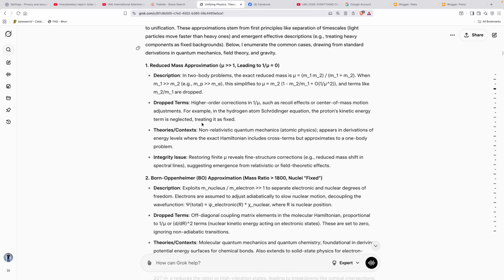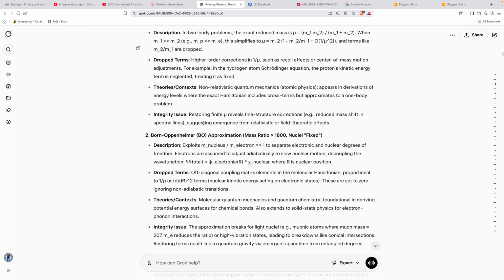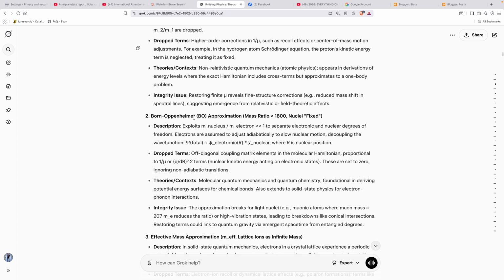And we're talking about the common drop terms, like on the Born-Oppenheimer, BO approximation, the mass ratio, much greater than 1800. Nuclei fixed. So you just assume it's a fixed nuclei because the electrons are much lighter. So they ignore, it becomes a one-body problem.